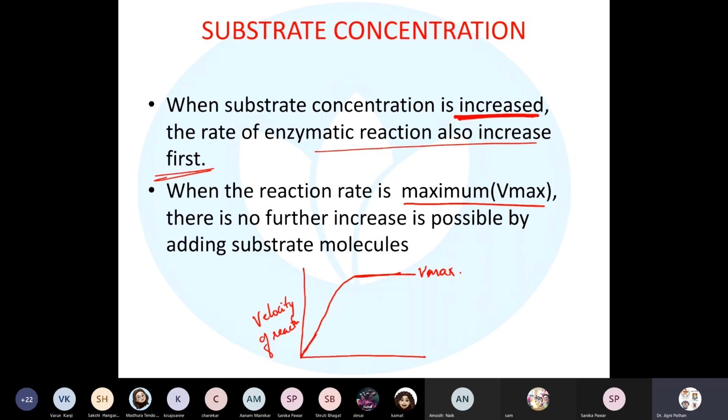Any doubts? Previous slide, this one, pH.